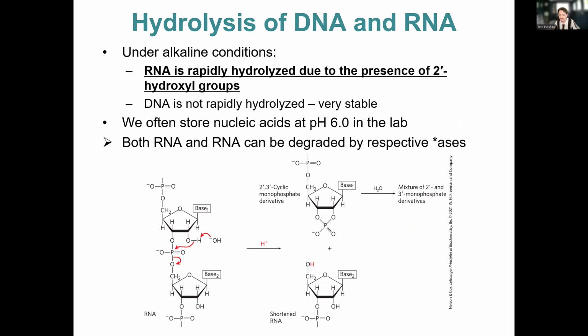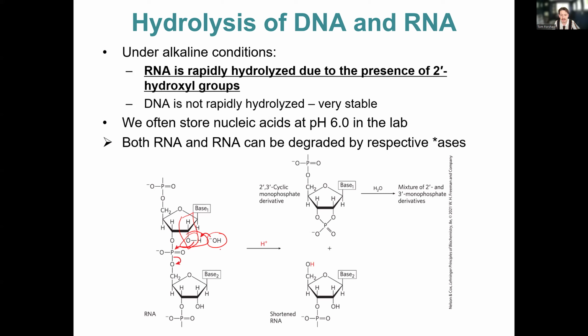So you may be familiar with the idea that RNA is less stable than DNA, and there's been this talk about the oxy and the deoxy and what that means. The idea is that RNA is less stable than DNA because the hydroxy group at the 2' position can be attacked by a base.